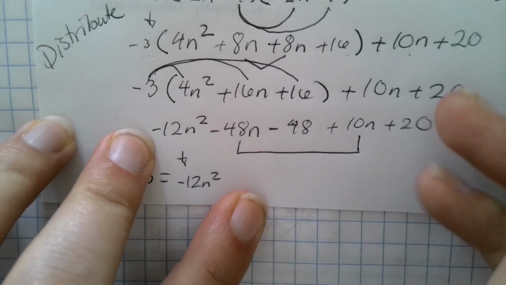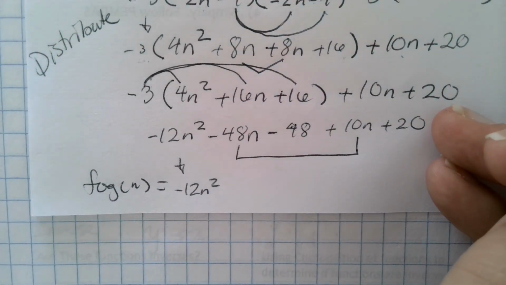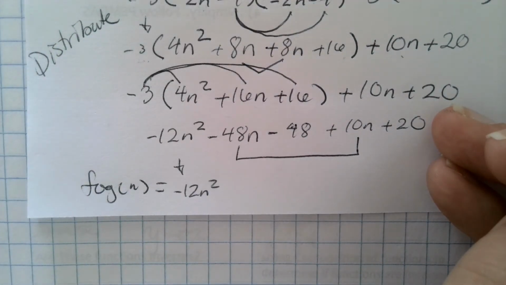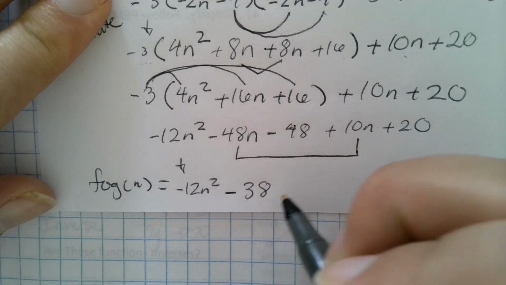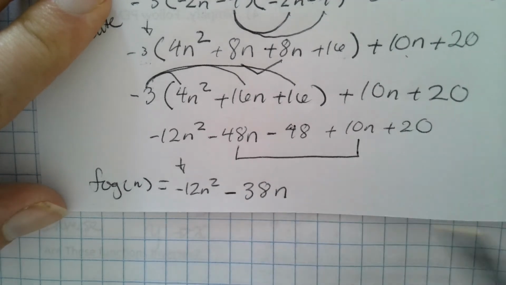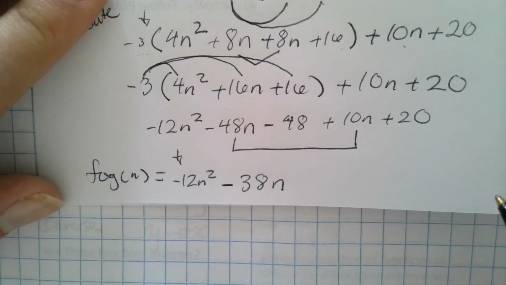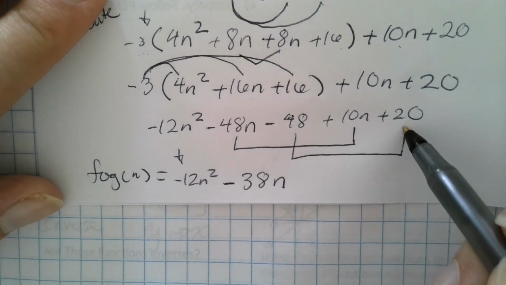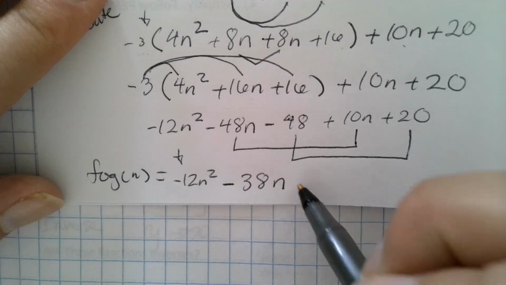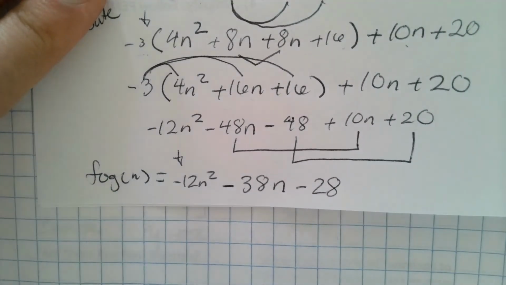Okay. Anybody? Negative 48n, positive 10. Are we adding or subtracting? Subtracting. Positive or negative? Negative 38. Negative 38 what? n. Good. What else goes together? What are my like terms? What does it make? Negative 28. Really good job.